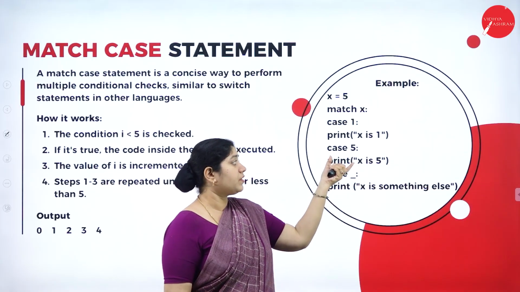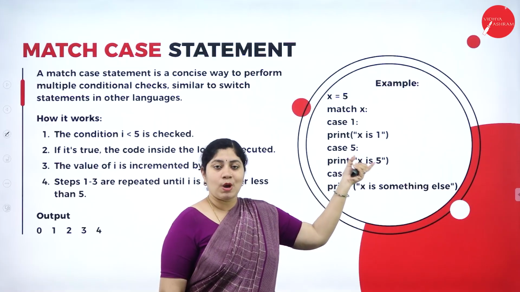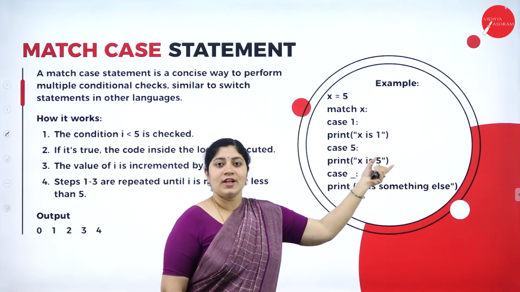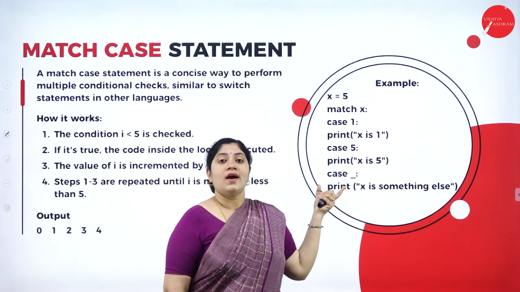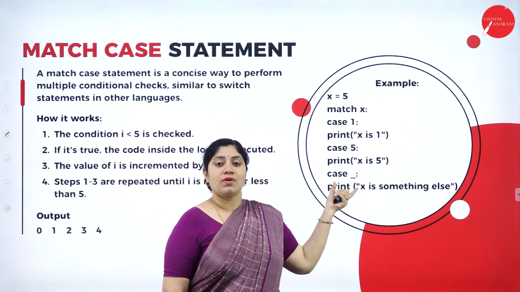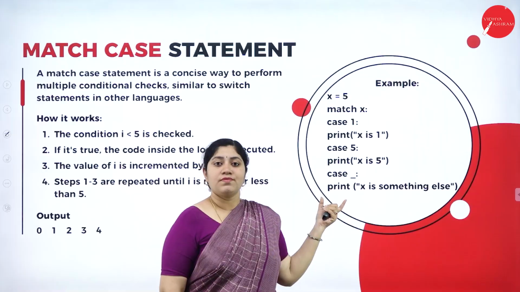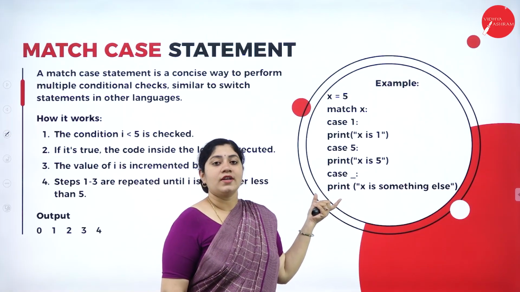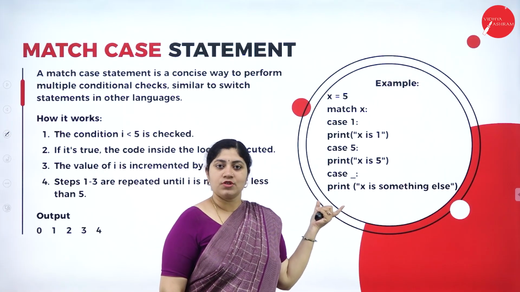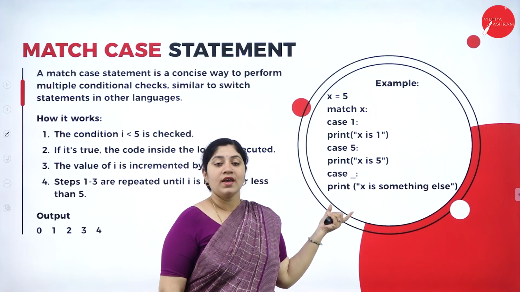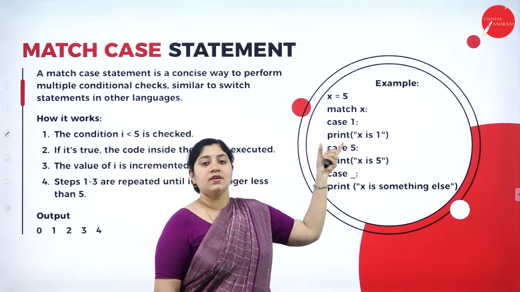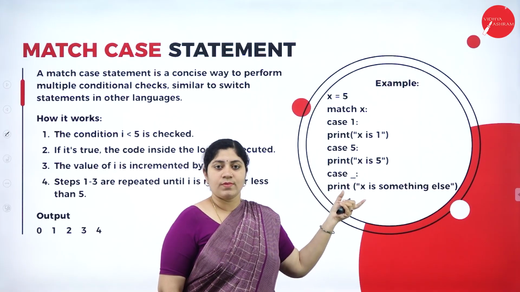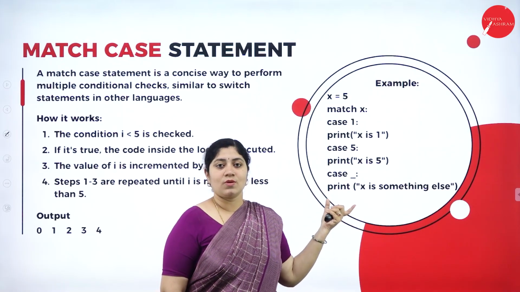All right. If even that part fails or gives false, then I have to go for the next case and verify its condition, and if it is true, then the lines of code under it will be executed and it will be completed. So we can see here the case statements are minimizing the length of code.